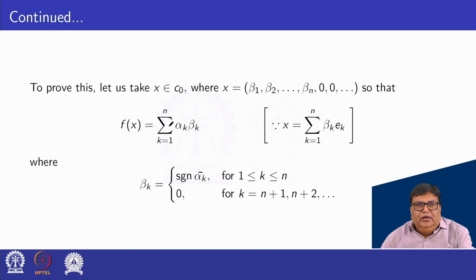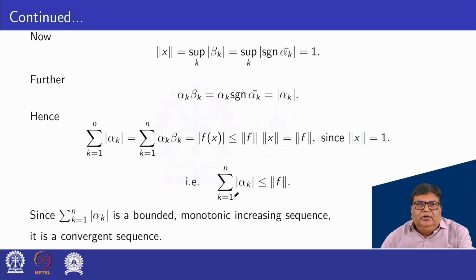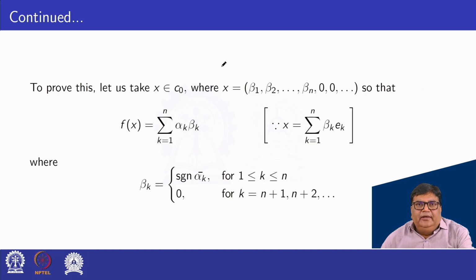f of x is equal to summation k equals 1 to n alpha k beta k, where beta k is equal to signum alpha k bar for k between 1 to n, and for k greater than or equal to n plus 1, it is 0. Now, norm of x is equal to supremum of mod beta k, because x belongs to c0.